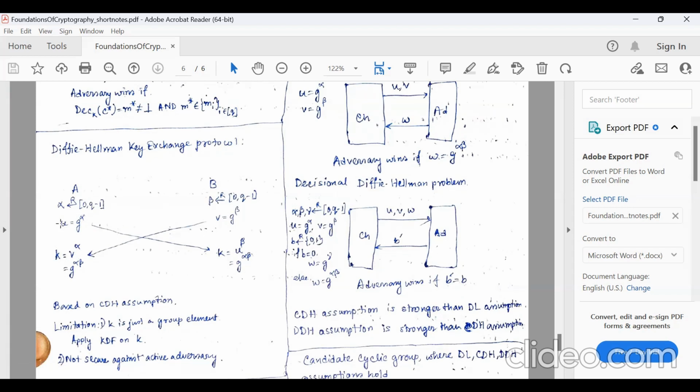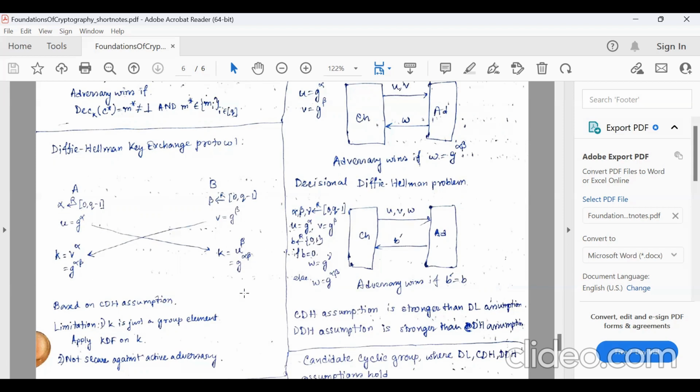B, upon receiving u, which is g to the power alpha from A, will compute u to the power beta, which is also g to the power alpha beta. So both of them agree upon this key g to the power alpha beta.